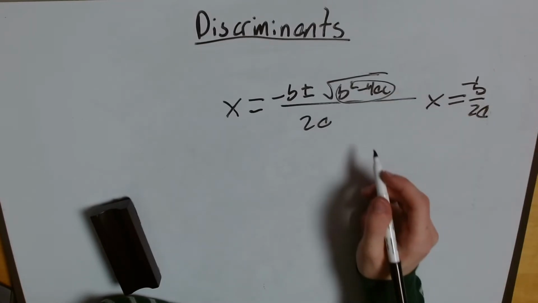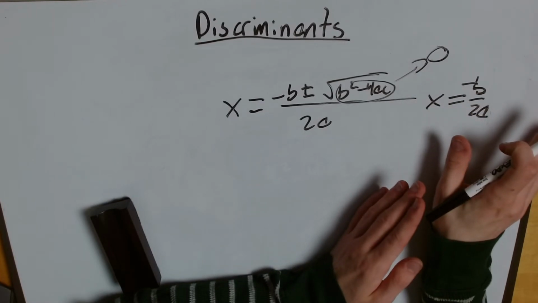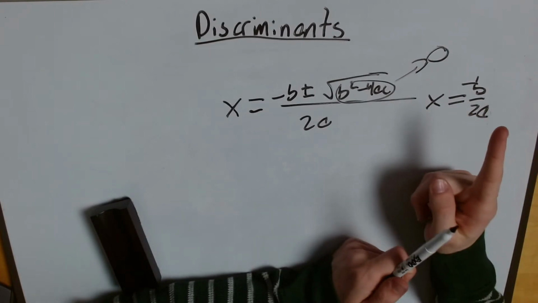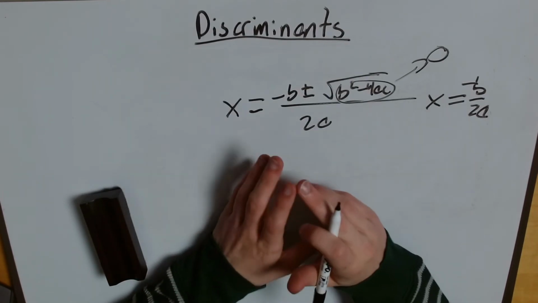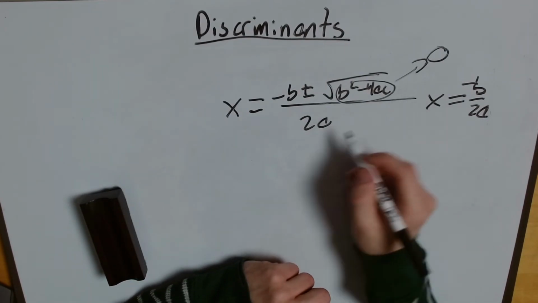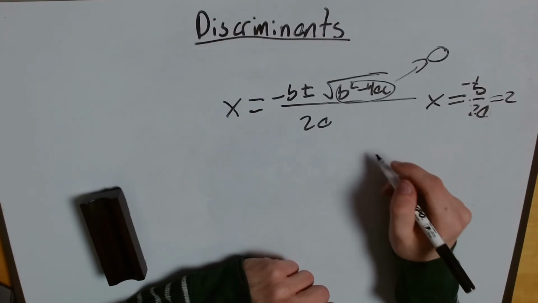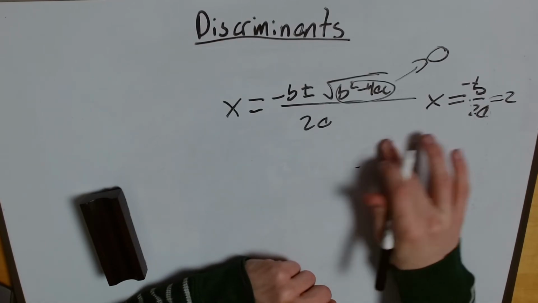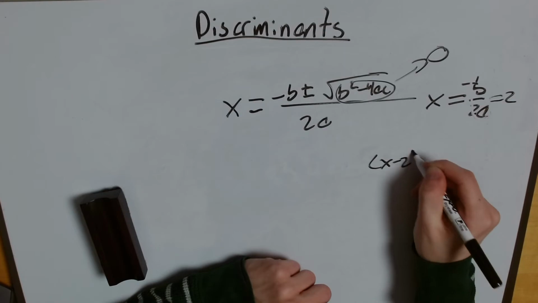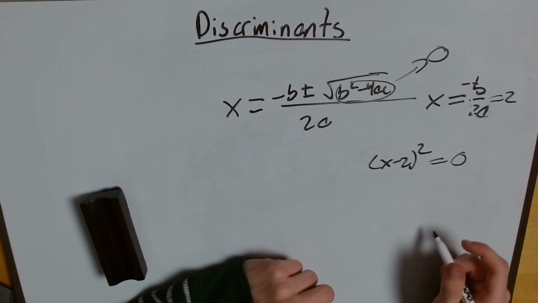So that essentially means that if this is 0, we do have a real solution. We only have one solution. Basically, the two roots of our quadratic are the same. So if this turned out to be 2, our quadratic would be the same thing as a square, like x minus 2 squared.